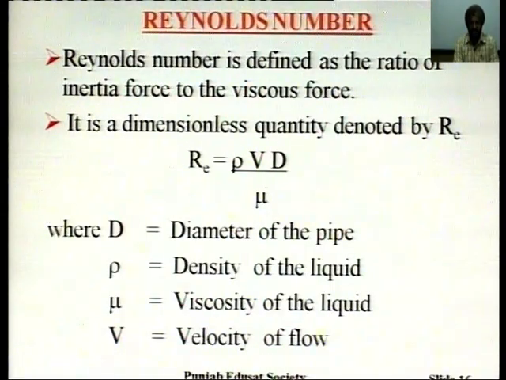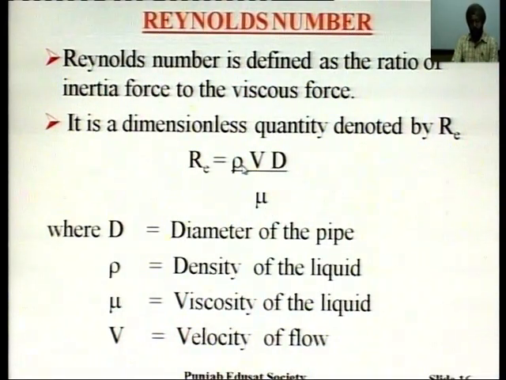We all know what inertia is and what viscous force is. It is a dimensionless quantity, denoted by Re, with e as the subscript of R, and it's given by rho V d upon mu.